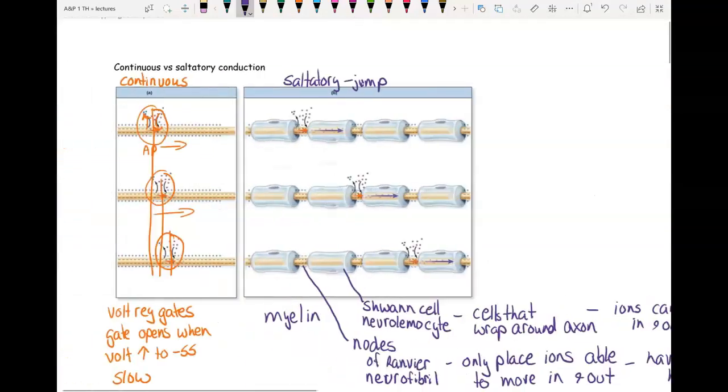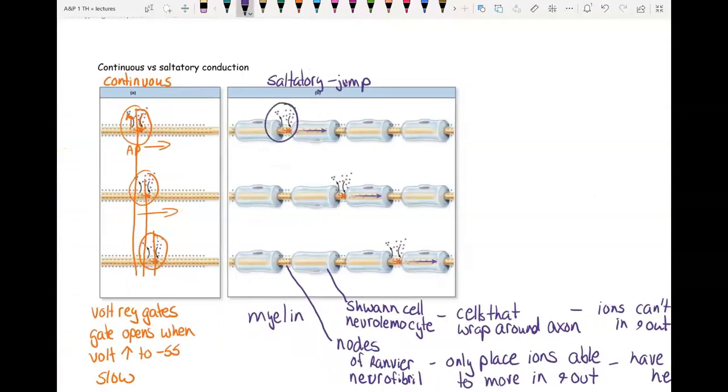So if we look at this, here we have an action potential. You can see the sodium going in, the potassium going out. Once the sodium is in, it diffuses. So this part shows sodium diffusing. So sodium will diffuse under the Schwann cell. It then gets over here and it raises the voltage.